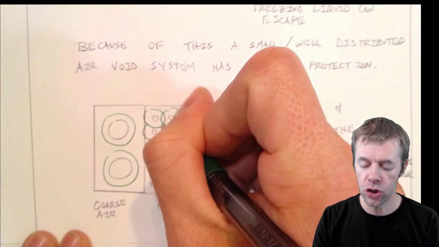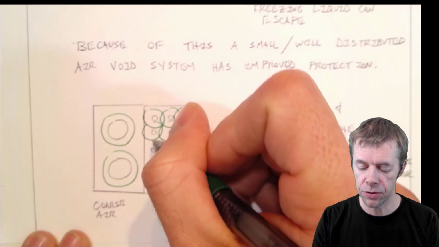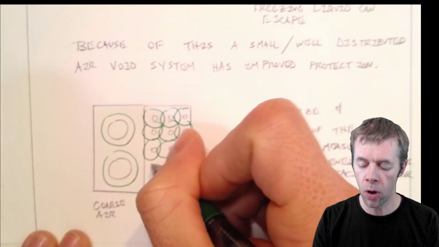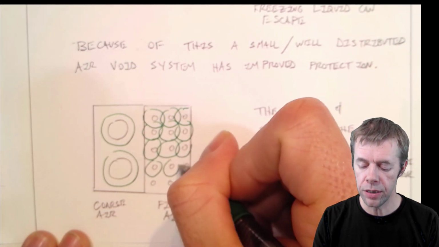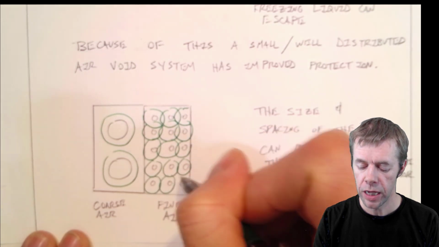The protection zone only has to do with the properties of the paste. So I get a lot more protection out of this small, well-distributed bubble system. A whole lot more of my paste is protected.